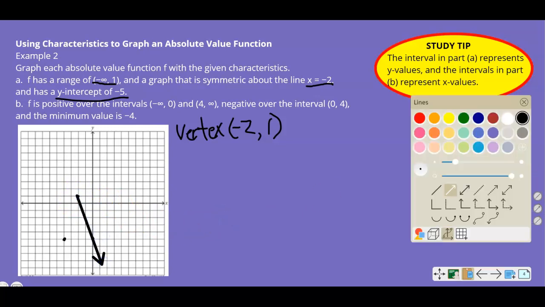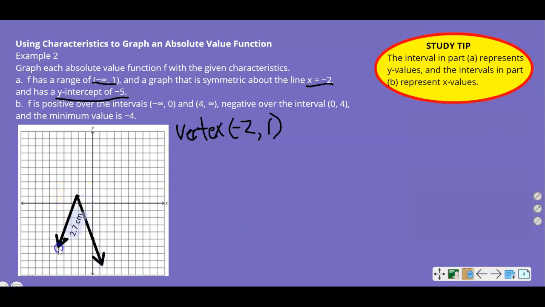So let's see. All right, trying to move that line just a tad bit. It's pretty close. All right, so that would be taking care of part A. All right, we could take this information and write an equation, but it just says to graph its absolute value function.